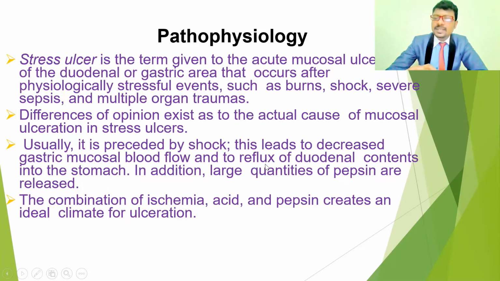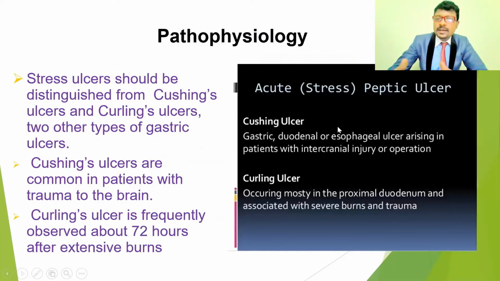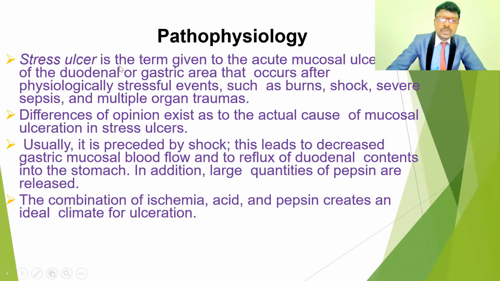Because of the high concentration of HCl and pepsin, it may cause reflux into the esophagus, that is, excessive secretion of acid that may regurgitate into the esophagus. These are the main changes in stress ulcers.